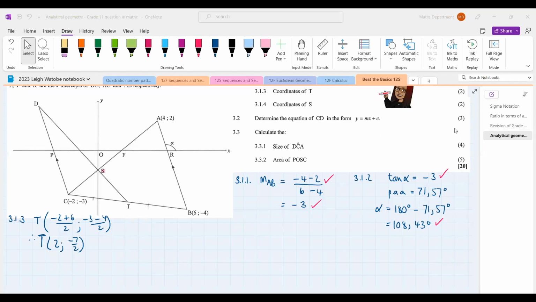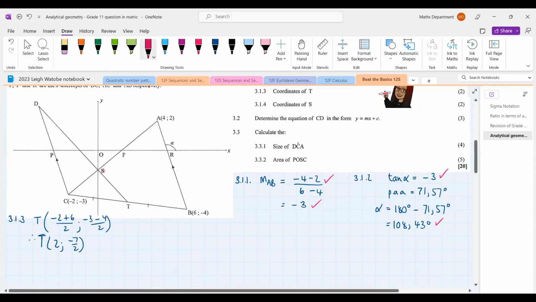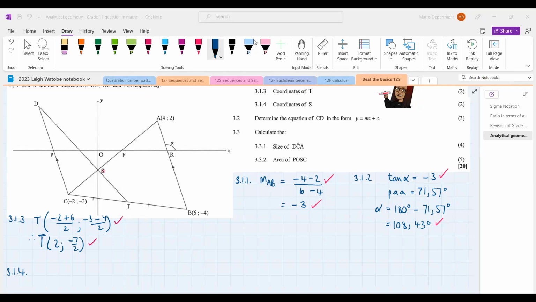Okay, so again, I'm going to follow behind you guys and put up the answers for 3.1.4. This was also out of 2, so a mark for subbing in, a mark for the answer. Yes, Pinga.